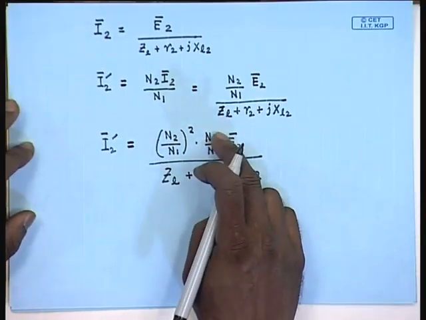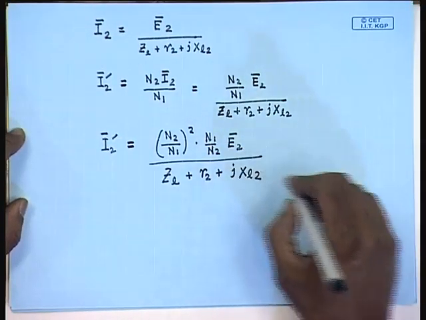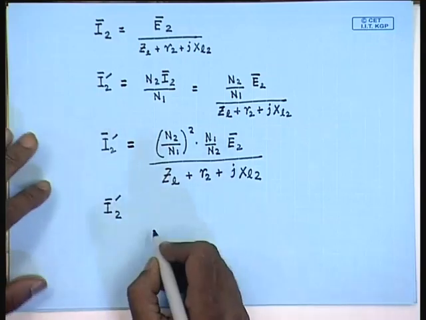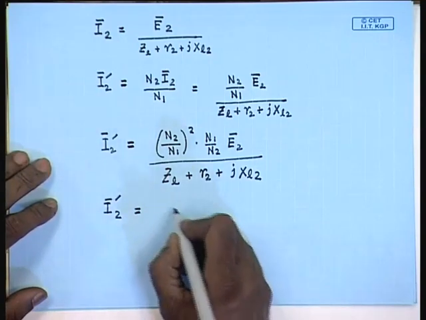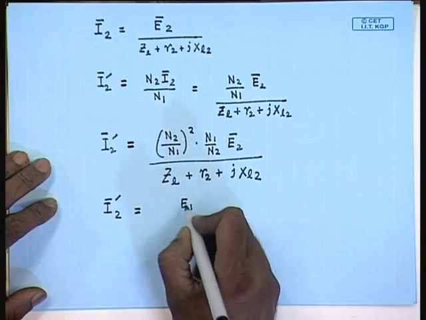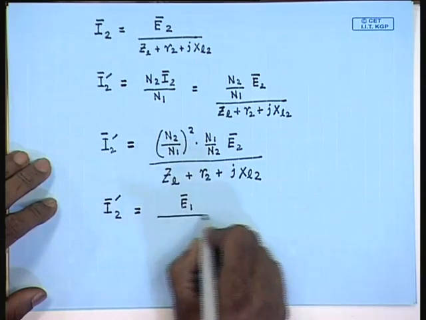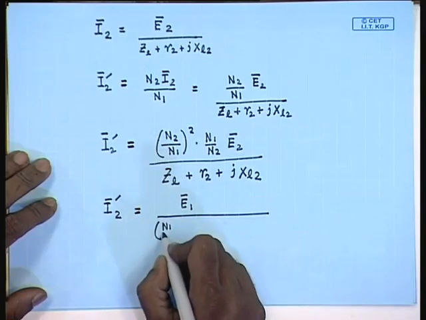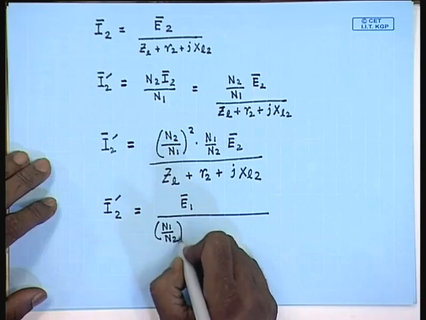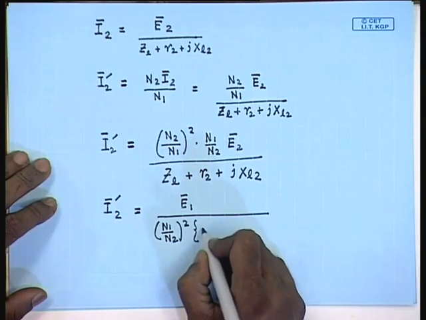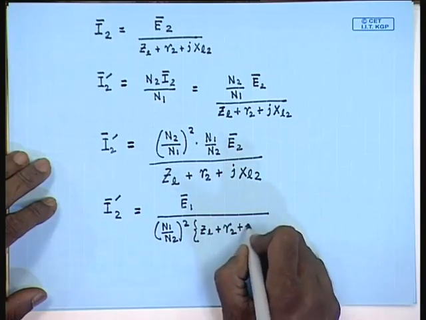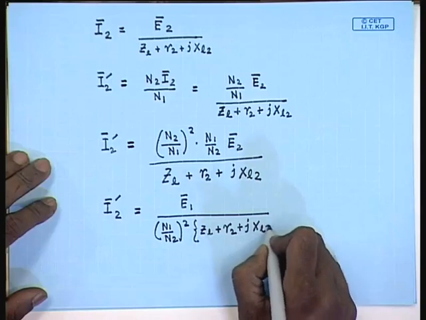But N1 by N2 E2 is equal to E1. Therefore, I2 dash equal to E1 divided by N1 by N2 square into ZL plus R2 plus jXL2.